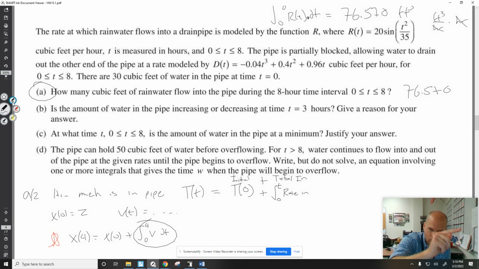But we also have water draining out. We have a velocity out. So guess what we're going to do? I bet you can get it. We're going to subtract the total out. Well, how do we get the total out? We find the accumulation from 0 to whatever value we choose of the rate out. That's like the velocity out and the velocity in working together.